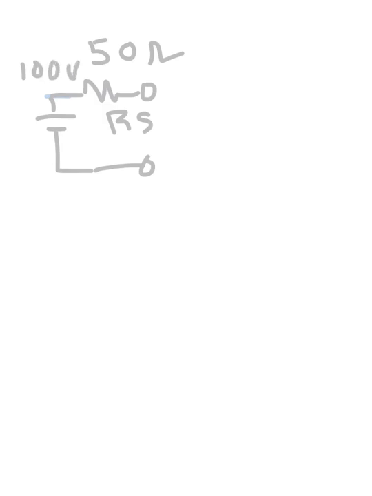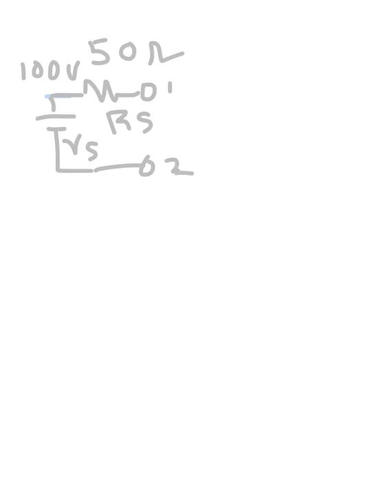Okay, so here is my voltage source. I'm giving it 50 ohms. I'm calling it R sub S. Now, the battery will be 100 volts. We'll just call that V sub S. And we want to convert what's at pins 1 and 2.